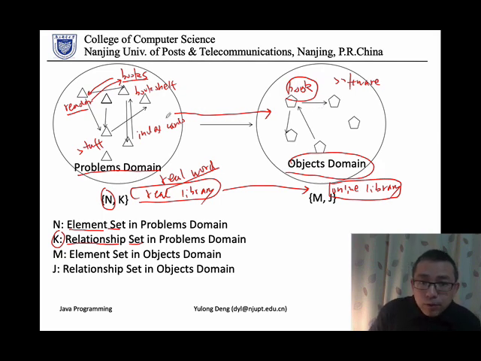So in this step, we should make some abstraction to remove unnecessary features. This is very important. From the problem domain to the objects domain, you must map some of the elements to the objects in the objects domain.